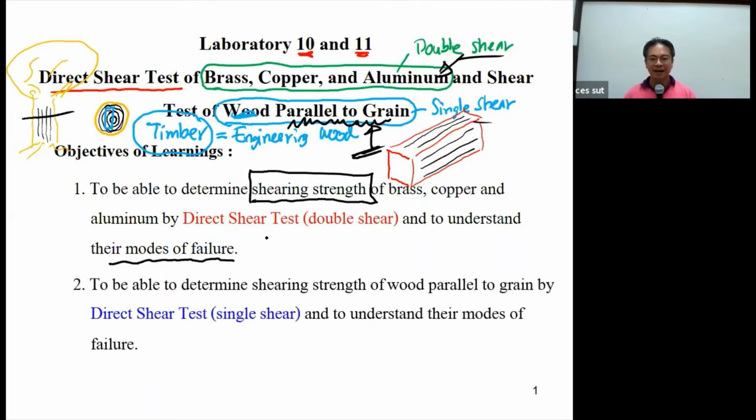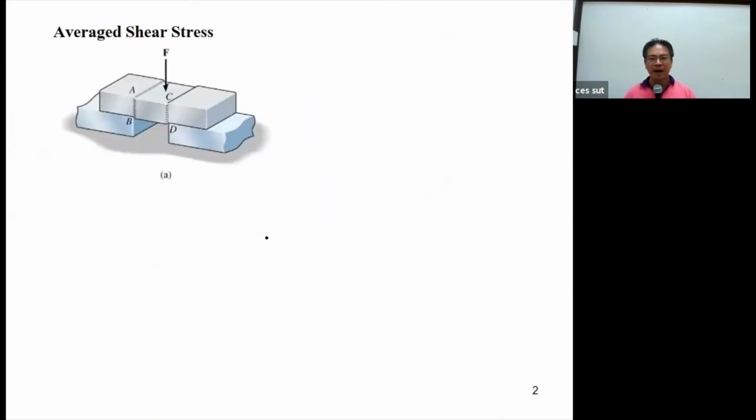Okay? And what we have now is the basic knowledge of this. When we shear this metal by the test, the specimen will fail at these two portions. When you cut this portion and draw the shear diagram, you can see the shear force is going to be F divided by 2.